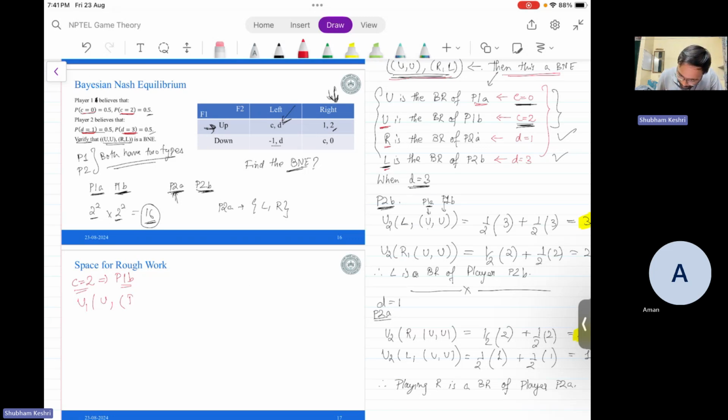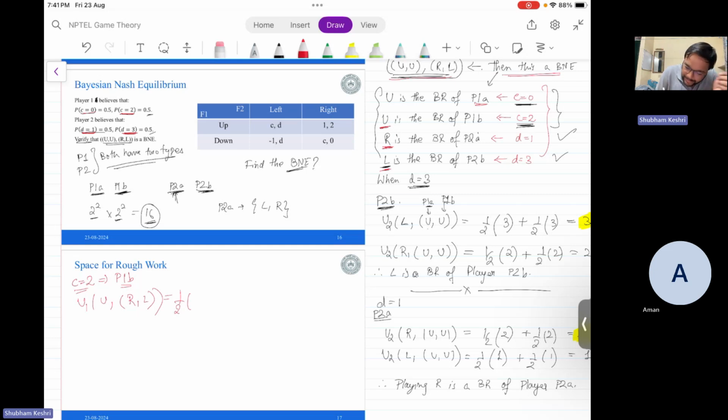So we'll keep R comma L. So this is player 2A and this is player 2B. Alright, so we are fixing this R and L and then we are checking if this is the best response or not. Alright, I'll just erase this for clarity. So what will this be? This will be half of the time. You see, erase this also.